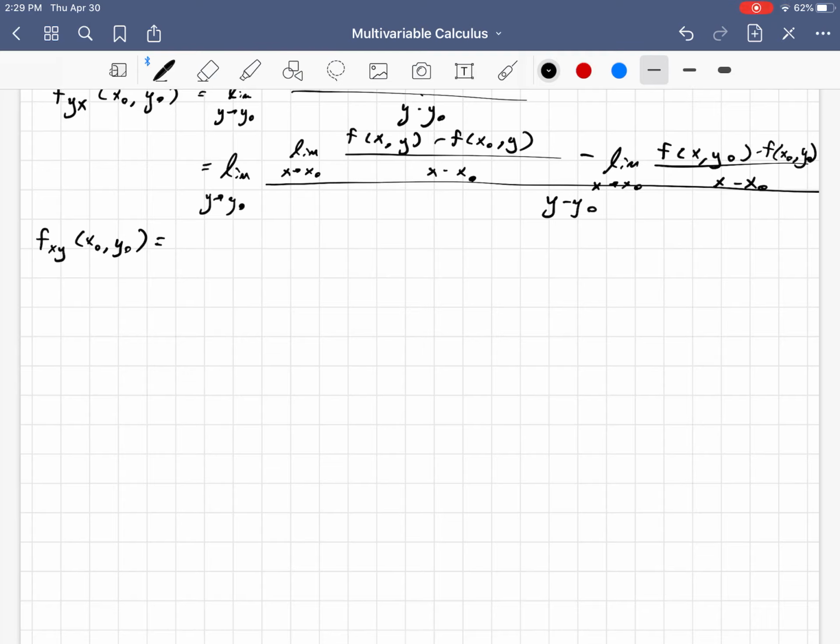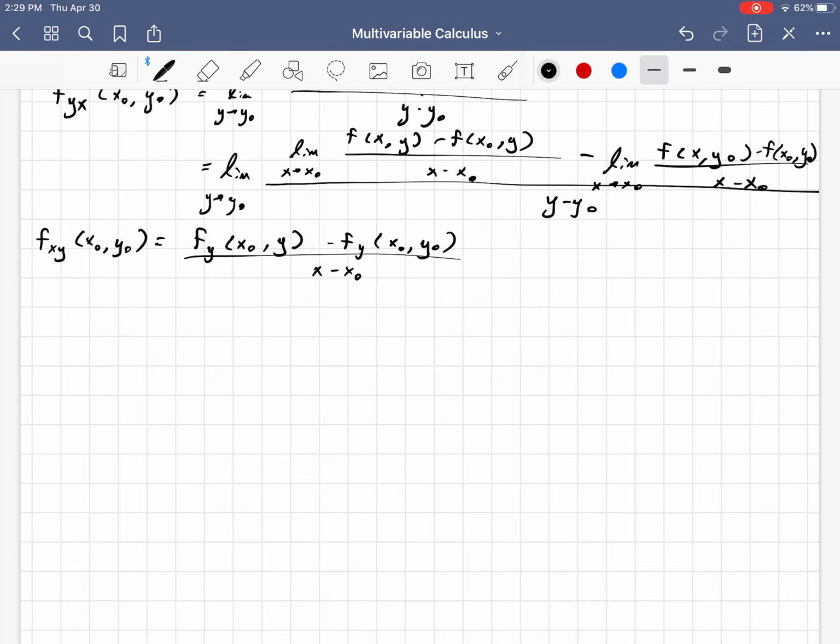So that is going to first be equal to f sub y of x naught comma y minus f sub y of x naught comma y naught over x minus x naught.